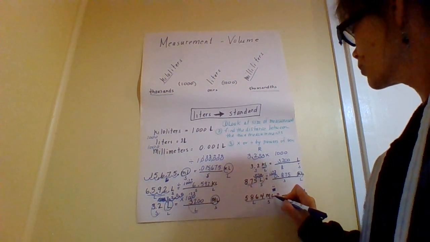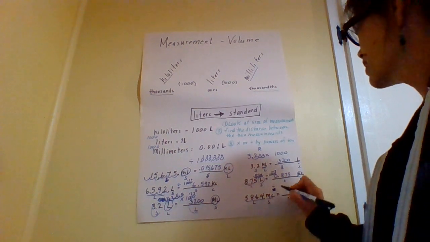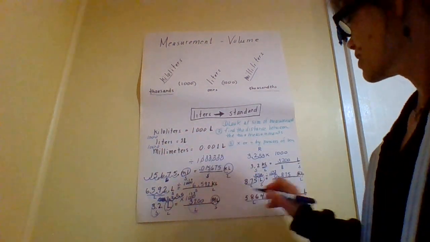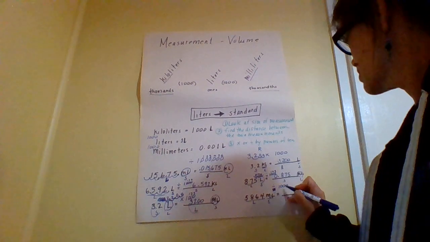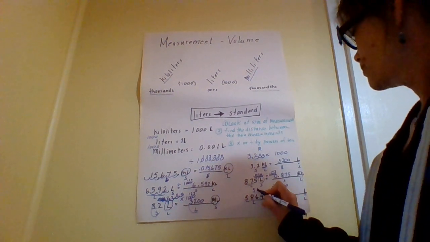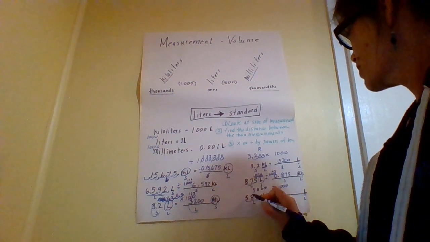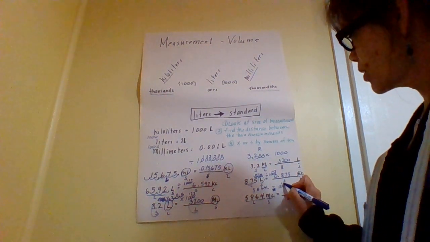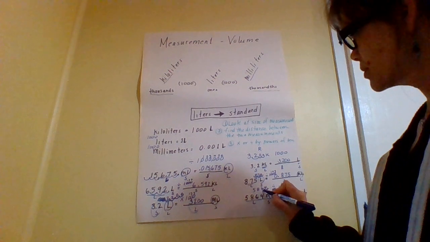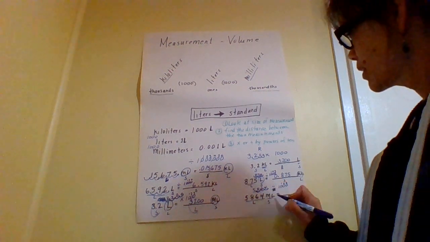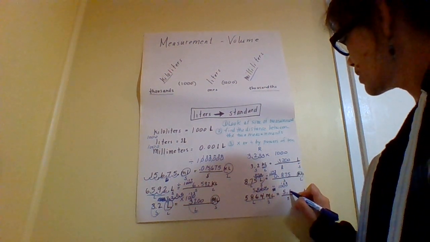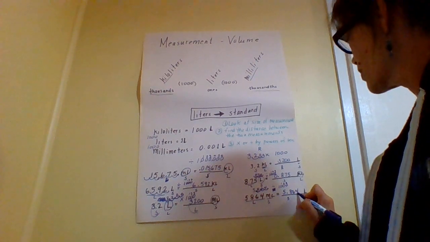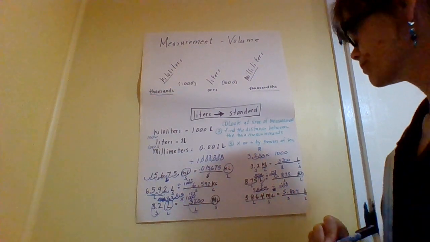Okay, so now what are we dividing by? Milliliters to liters is 1,000. So we're dividing by 1,000. So we take this number, 5,864. We know the decimal point goes at the end. Count 1, 2, 3. 1, 2, 3. And we end up with 5 and 864 thousandths of a liter.